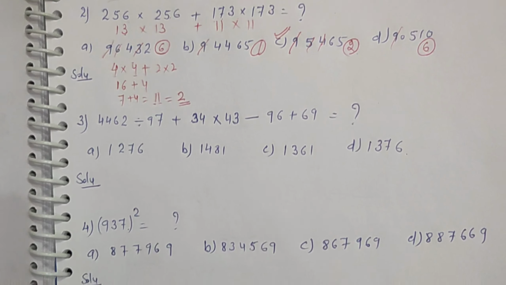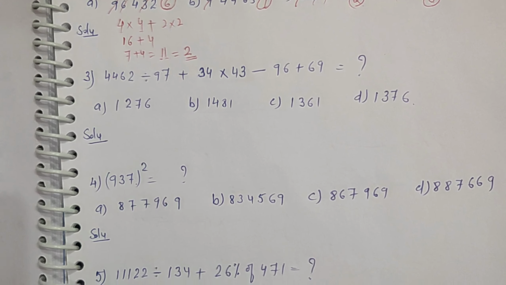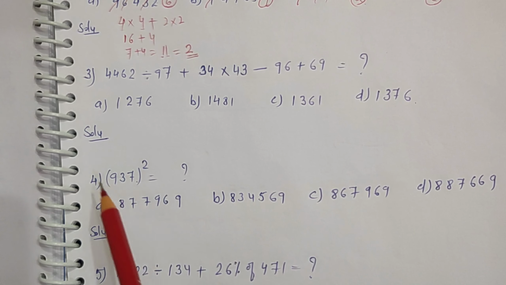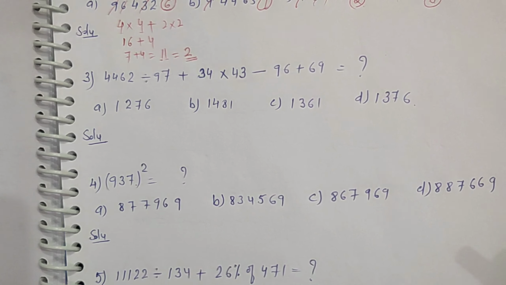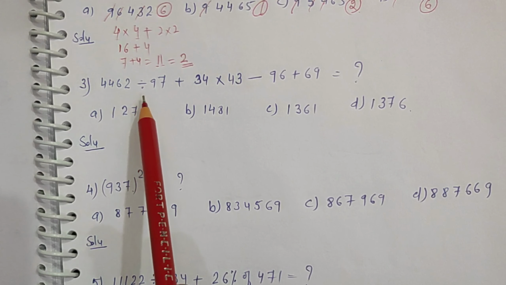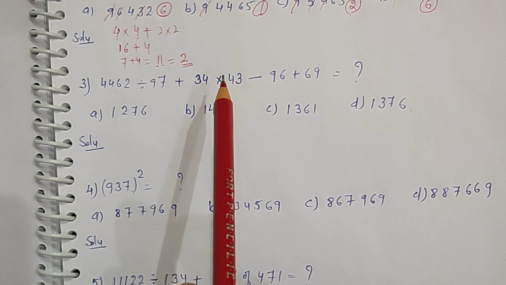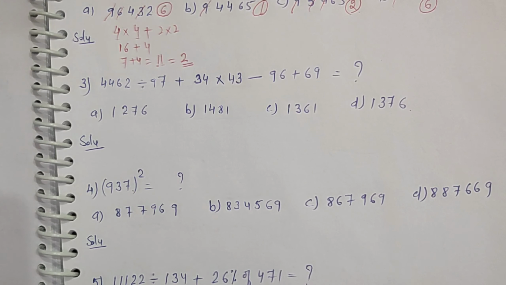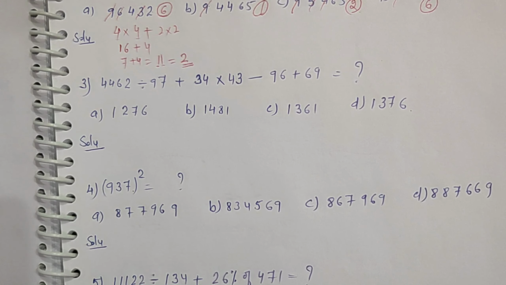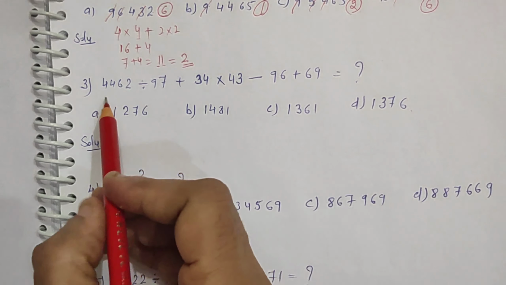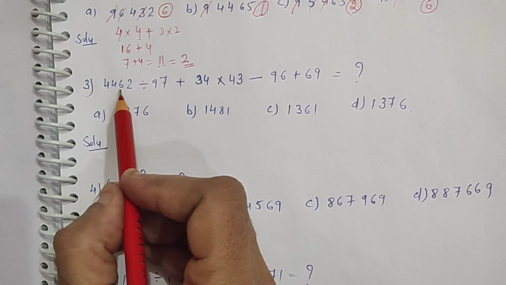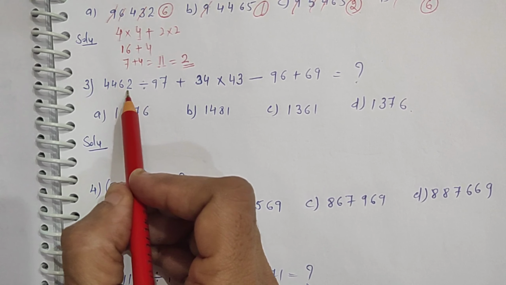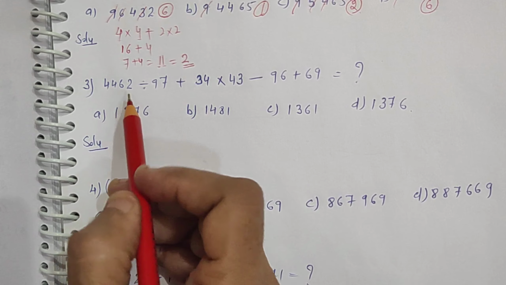Okay. Now here again you will be surprised to know that this is quite a big question. If I go on solving this, it will take lots of time. But look here how easily we will be doing it using digit sum. So how to start with digit sum? Yes, 4 plus 4 is 8. 8 plus 6 is 14. 14 plus 2, 16. 16 means 1 plus 6, that is 7.